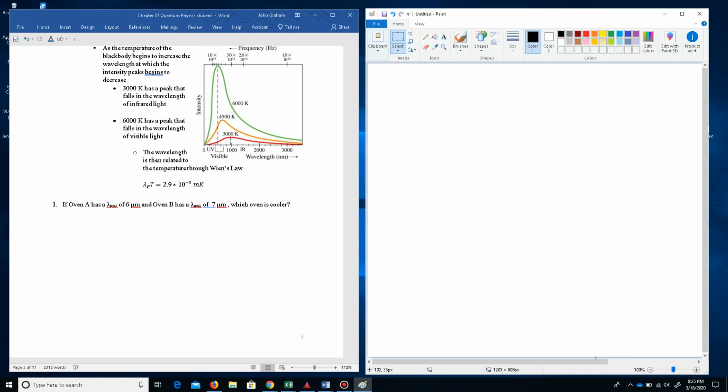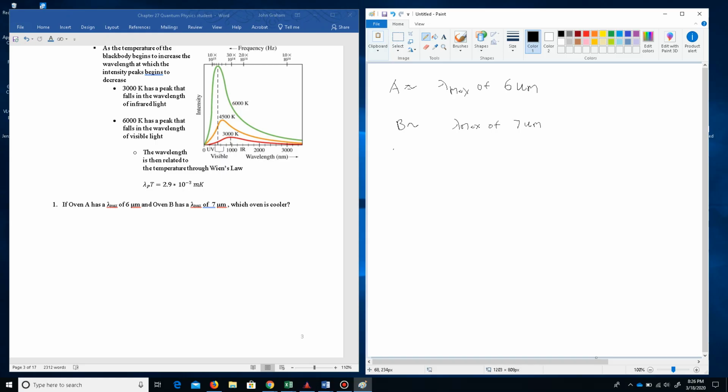Oven A has a maximum wavelength of 6 micrometers, and B has a maximum wavelength of 7 micrometers. We want to see which one is cooler, and we want to figure out the temperatures of each of these.